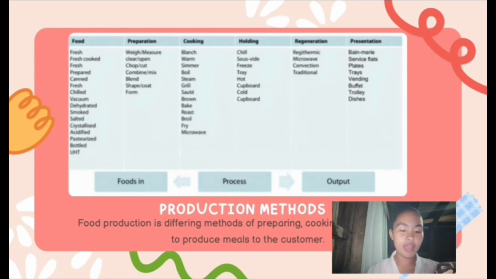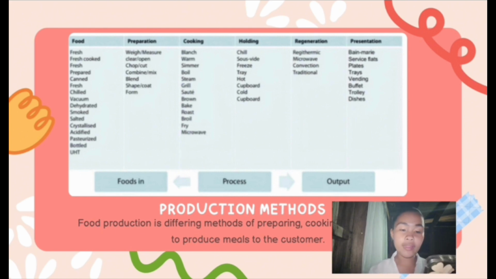Food must be fresh, cooked, prepared, canned, chilled, vacuumed, dehydrated, smoked, salted, crystallized, acidified, pasteurized, bottled, and UHT.